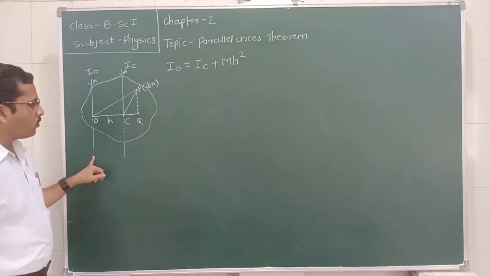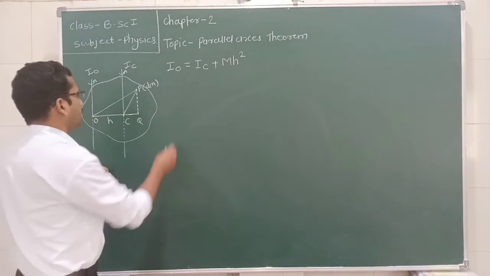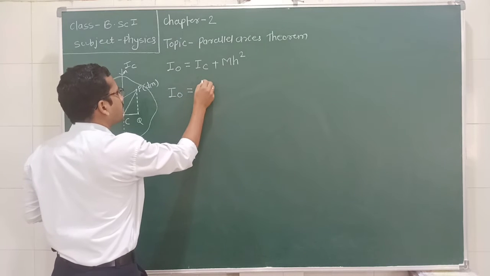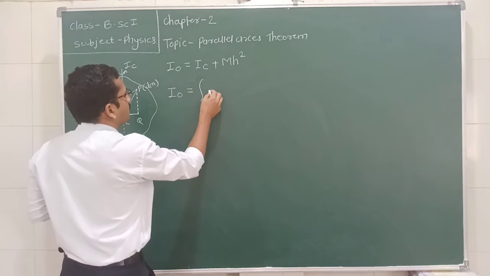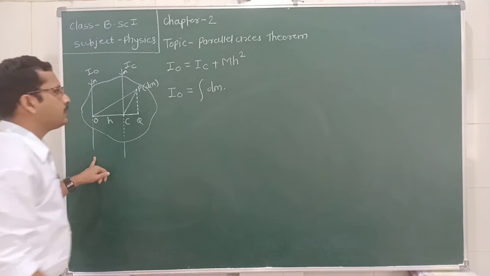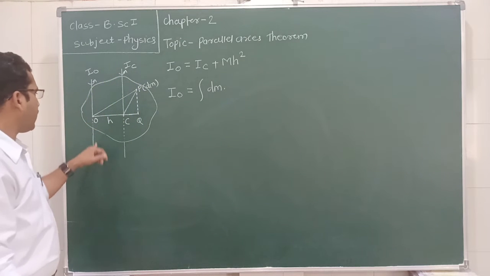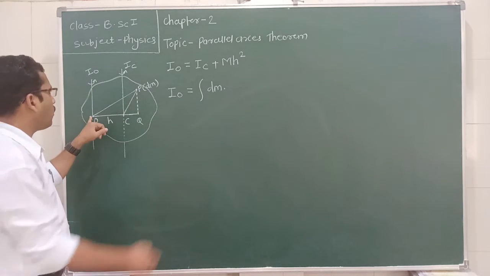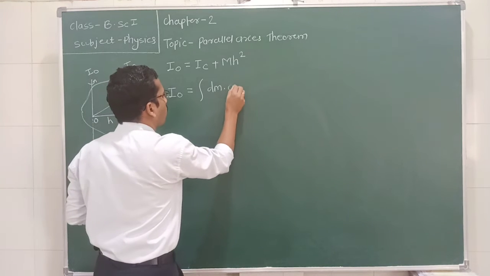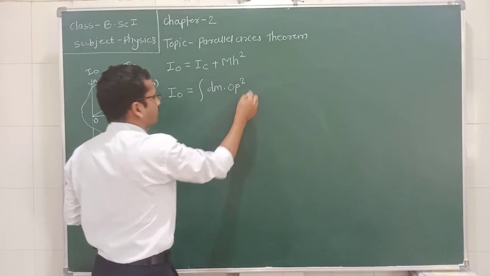passing through point O, then I0 is equal to what? It is the integration of dm multiplied by the square of the distance. And what is the distance between point O and point P? It is OP, therefore we can write OP square.